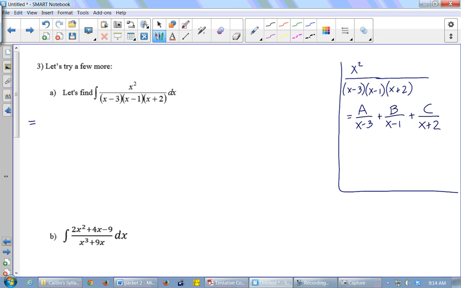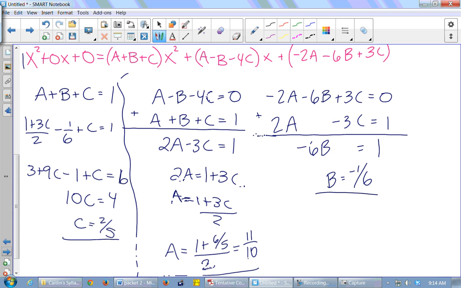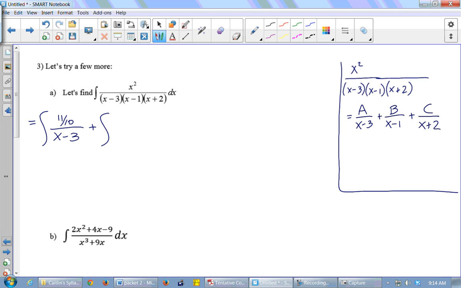I can rewrite this now as the integral of 11/10 over x minus 3, plus the integral of b, which was negative 1/6, negative 1/6 over x minus 1, plus the integral, oops, I forgot my dx's, of 2/5 over x plus 2 dx.